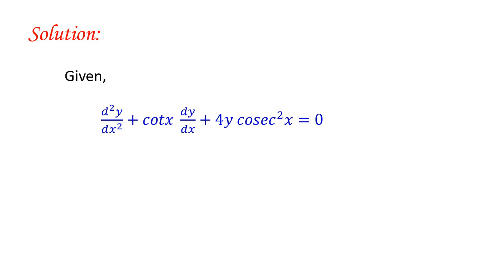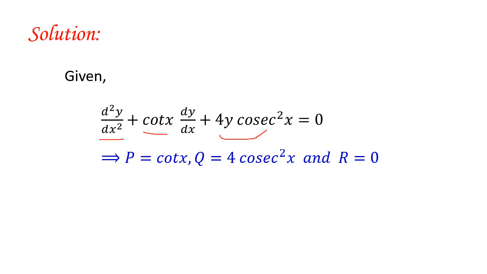Now first step is, you should identify whether the given equation is in the standard form. This is in the standard form because the coefficient of d²y/dx² is 1. In the next step, write the value of p, q and r. P = cot x, q = 4 cosec²x, and r = 0.